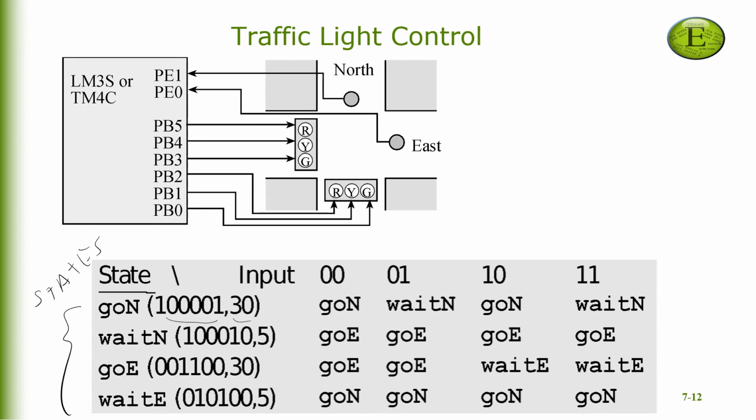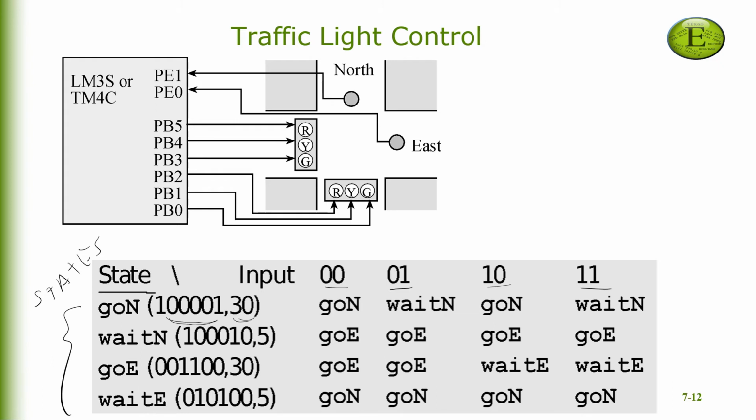So for go n, we know that the output was 100001 and the wait time was 30 seconds. Then corresponding to each, the first element of each row, we have 4 columns corresponding to the 4 inputs 00, 01, 10, 11.